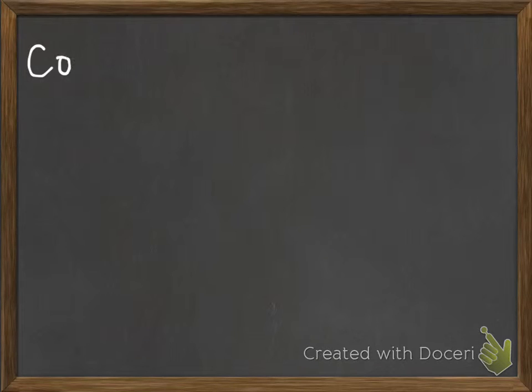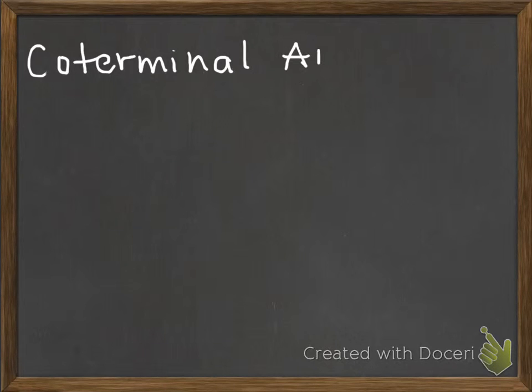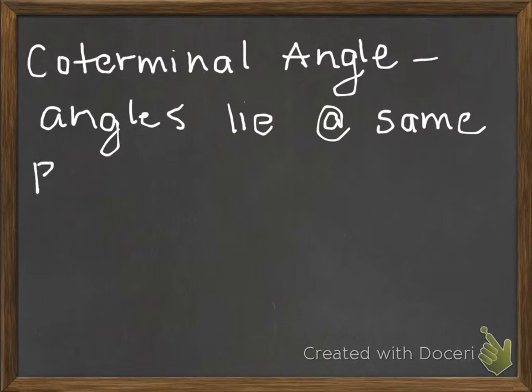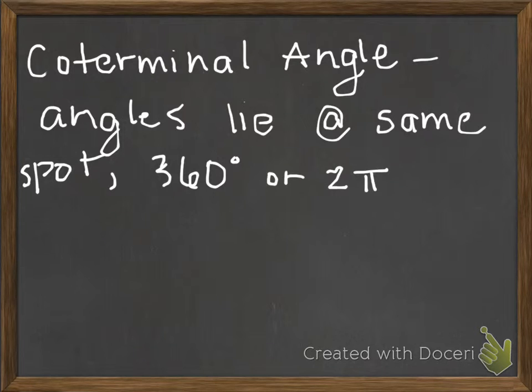A coterminal angle is when angles lie at the same spot 360 degrees or 2 pi apart.